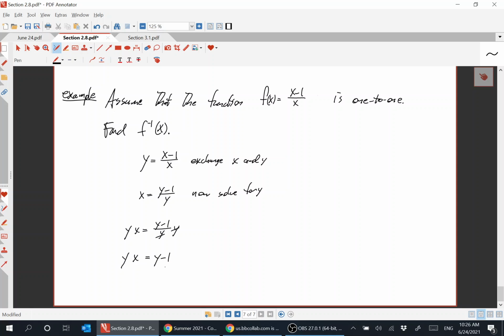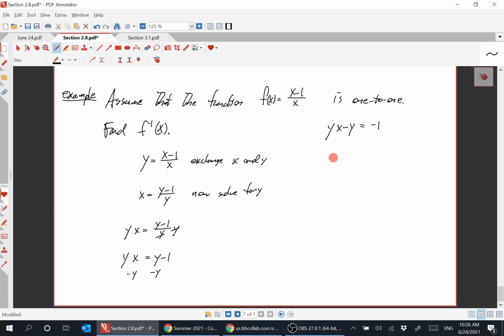Now what I want to do is take every term that has a y and put it on one side. All right, so I'm going to subtract y from each side. And what do I get? Yx minus y is equal to just minus 1.